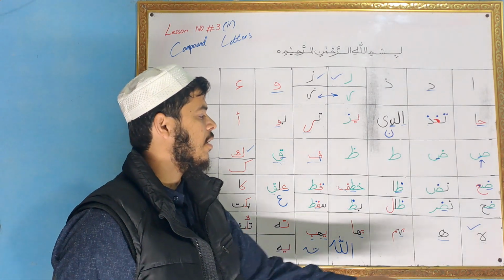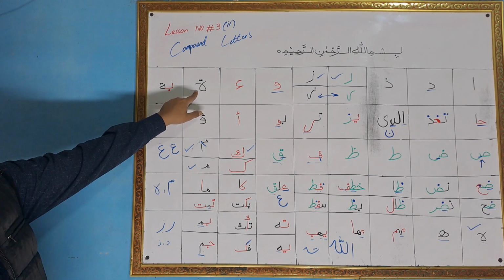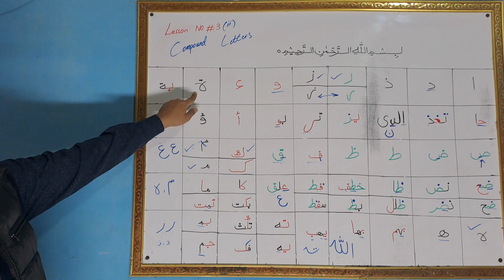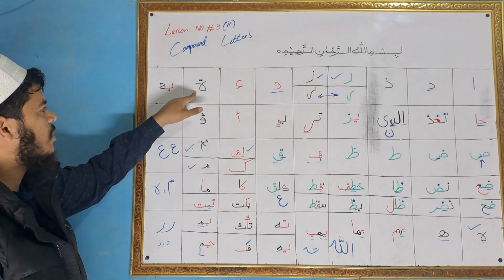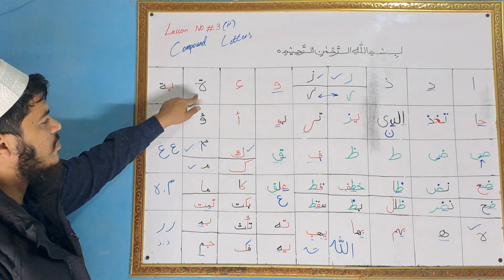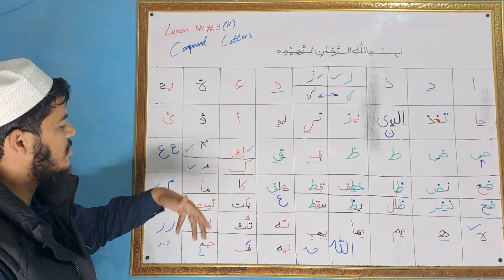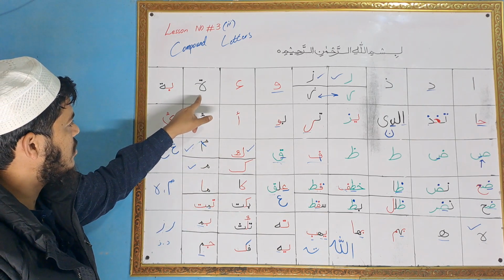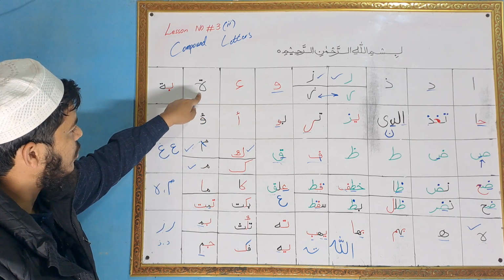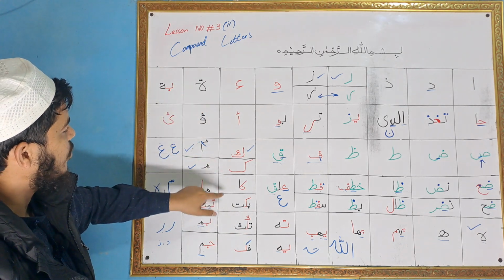And if Ha comes with two dots on it, we will consider it Ta, not Ha. Basically this one has a different purpose from the other Ta; we will discuss it later. The sound in this form is the same as the other Ta, but the use of both is different.